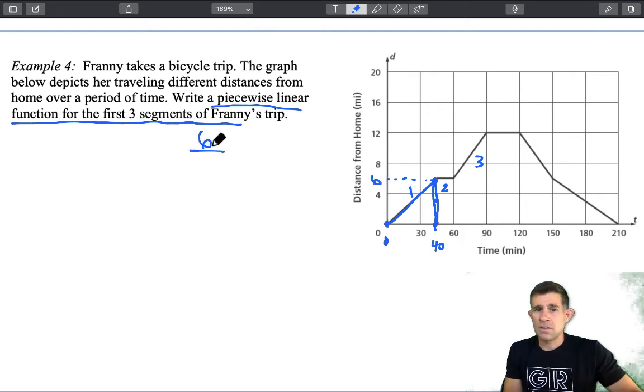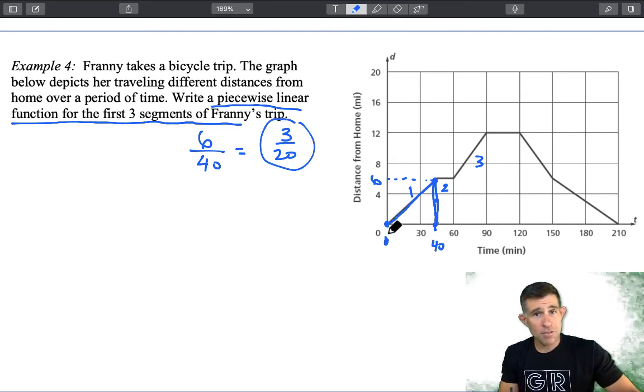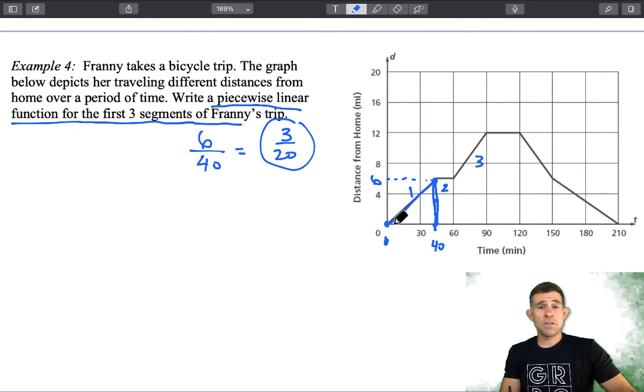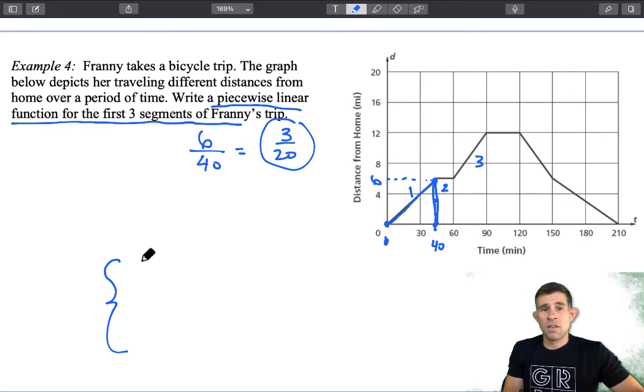So there's my change in y, over my change in x, which goes from 0 all the way out to 40, so 6 over 40, and we can reduce that down to 3/20ths. All right, so there's the slope of this line, and it passes through the origin, which means my y-intercept is 0. So the equation of this line will look like this.